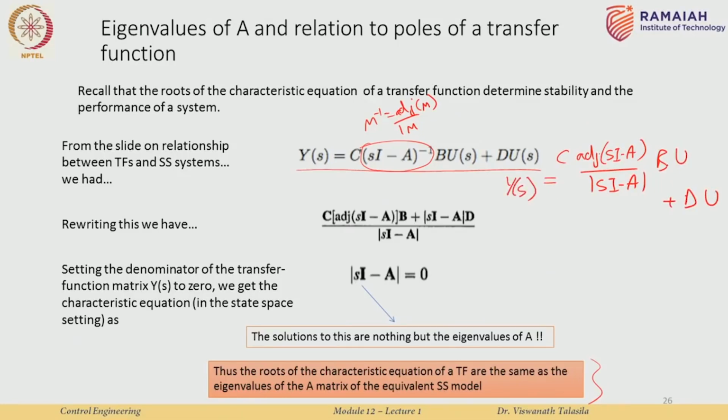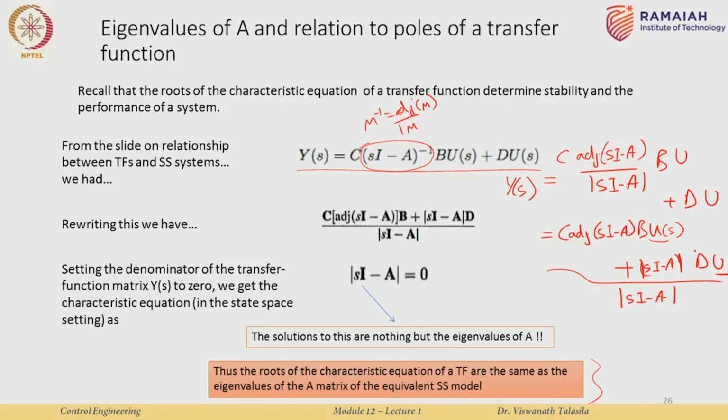Now, just do a simplification over here. This becomes C adjoint (sI minus A) B U plus, as this term now goes onto the right hand side, the determinant of (sI minus A) times D U, the whole divided by the determinant of (sI minus A). Now you see in the numerator you again have this U term, which is of course a function of s.